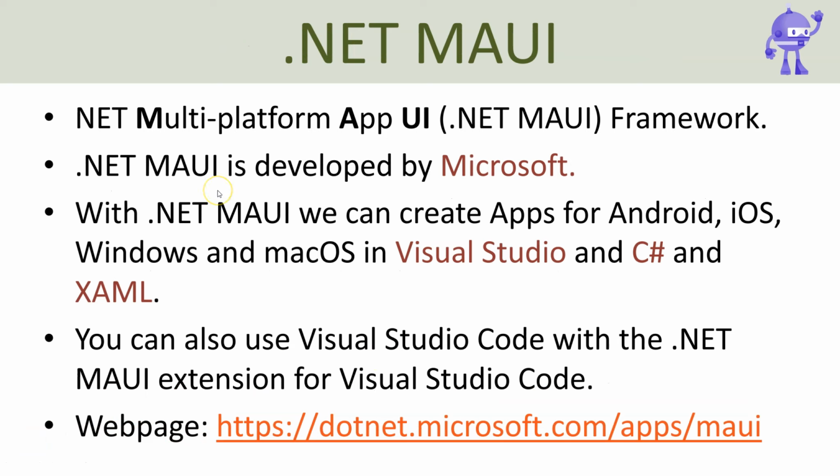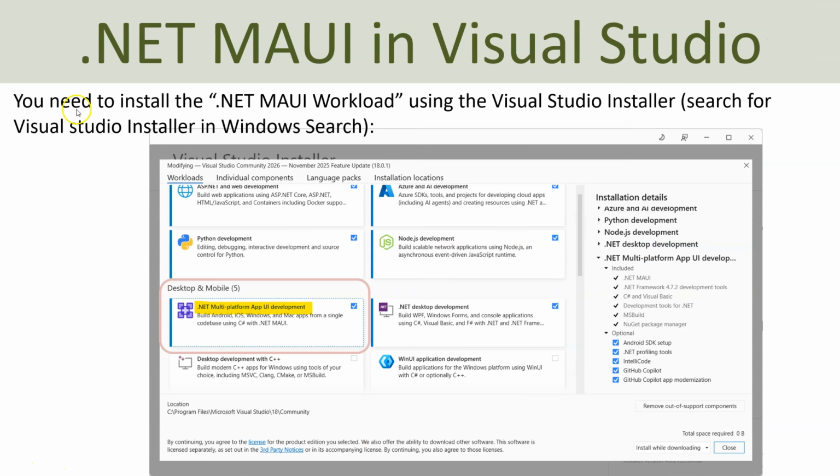And we will create a basic application using this .NET MAUI framework from Microsoft. And by using this framework, you use Visual Studio and the C# programming language. You can also use Visual Studio Code because there exists an extension for this .NET MAUI framework. And in order to start using this .NET MAUI framework in Visual Studio, you need to make sure that you have installed the .NET MAUI workload as part of the installation.